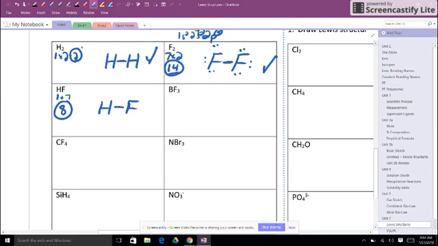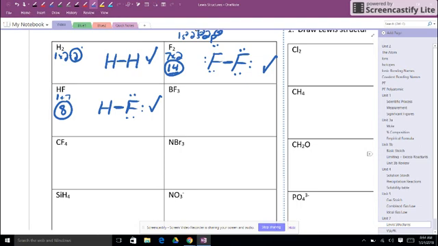Next, we're going to fulfill the octet rule, but remember that hydrogen only wants 2. It already has 2. So let's fulfill it for fluorine now. 2, 4, 6, 8. Next, let's make sure that our picture matches our number. 2, 4, 6, 8. It does. So this would be the Lewis structure for hydrogen fluoride.